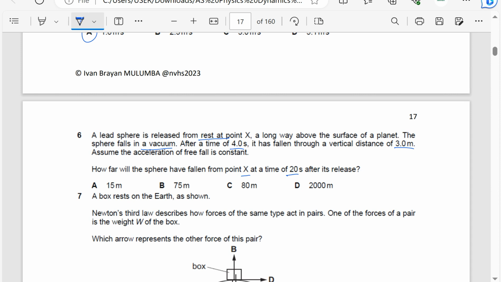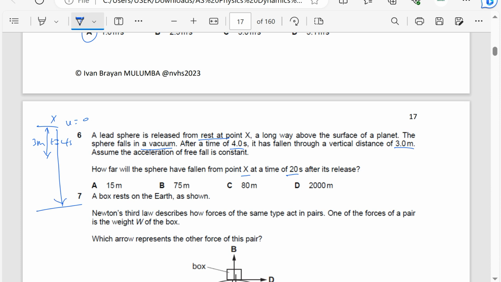So let's say this is point X where initial velocity is 0. Then after 4 seconds, it has fallen a distance of 3 meters. This is t equals 4 seconds, distance of 3 meters. Then we want how far the sphere will have fallen from point X at a time of 20 seconds.